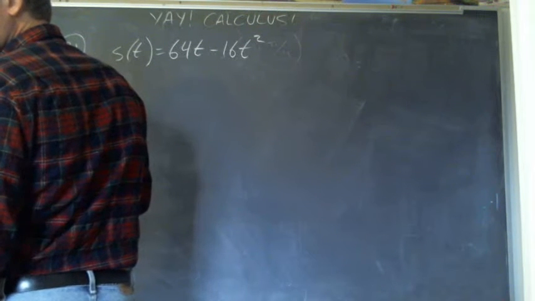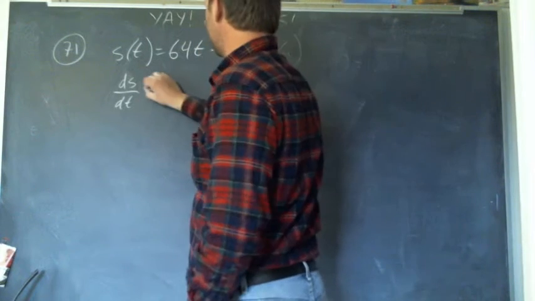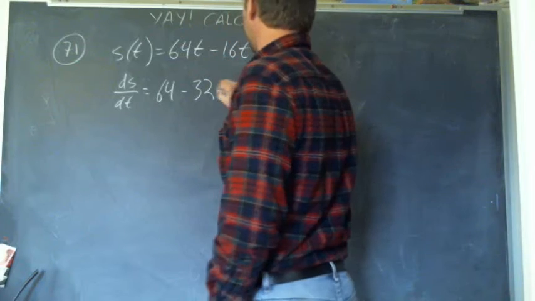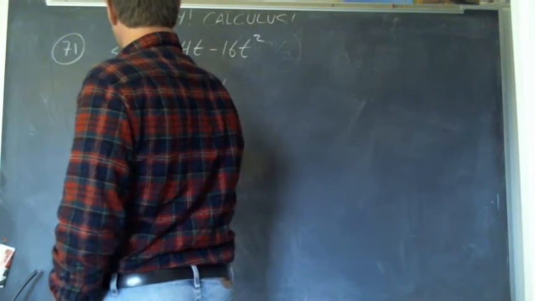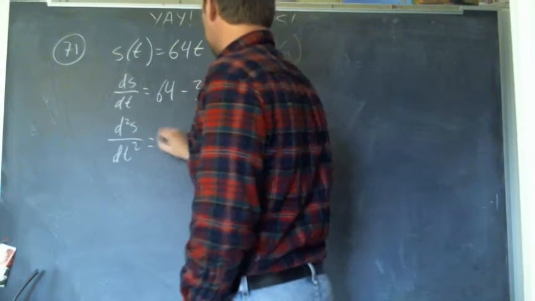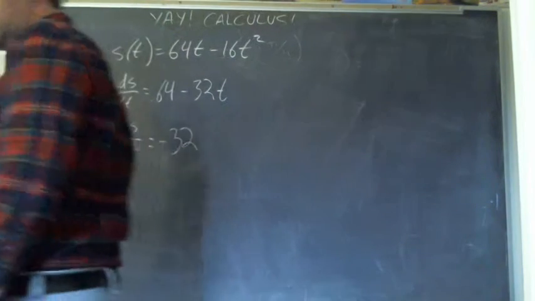Find ds/dt and d squared s/dt squared. ds/dt is the first derivative with respect to t, so that's going to be 64 minus 32t. The second derivative with respect to t is going to be minus 32. So there's our velocity and acceleration, we assume.